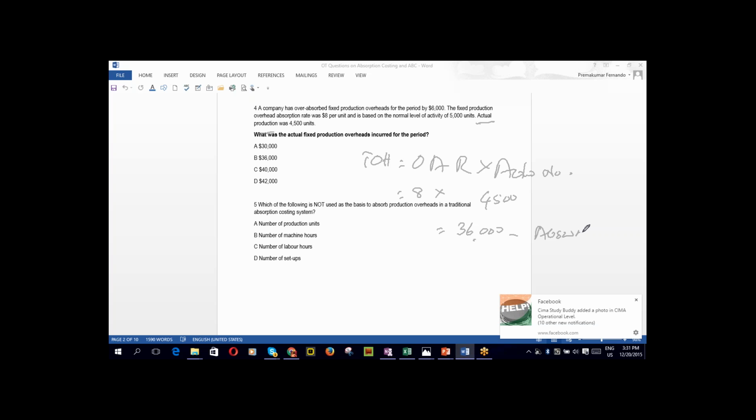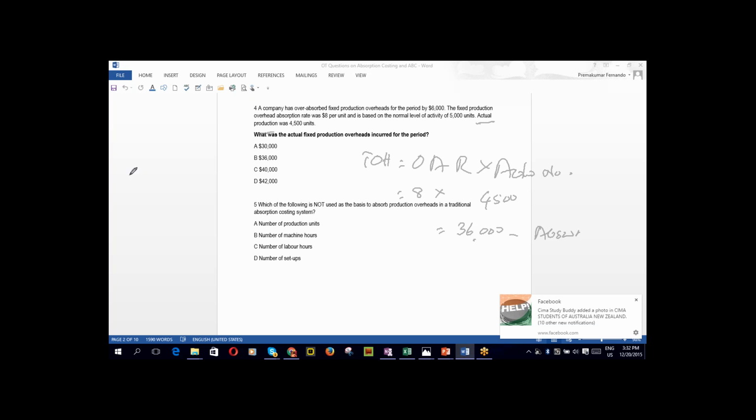In achieving 36, we have over absorbed 6,000. No, not actual 36. We have absorbed 36 into our production because we produce 4,500 units. At the rate of 8, we have absorbed into our production 36,000.